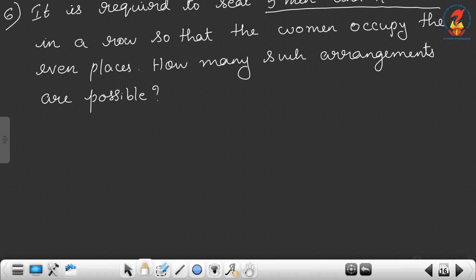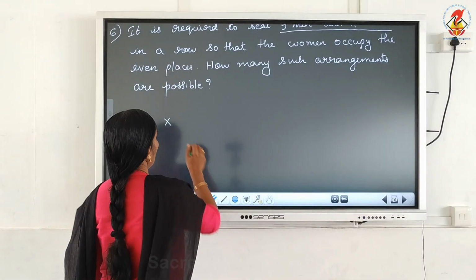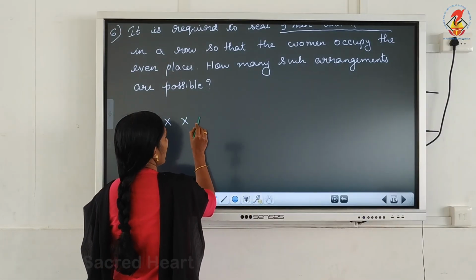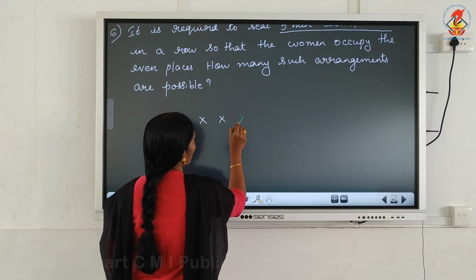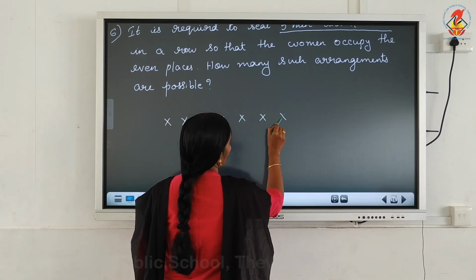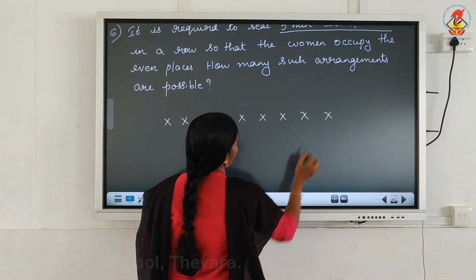Okay, so first we can total 9 are there. So the first one I put a cross mark. This means it's an odd place, first place. Now the second, that's an even place. Third, fourth, fifth, sixth, 7th, 8th and 9th.